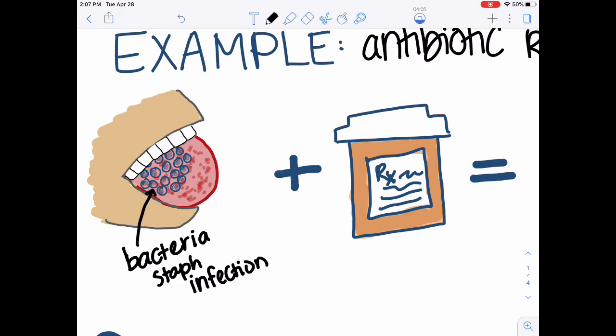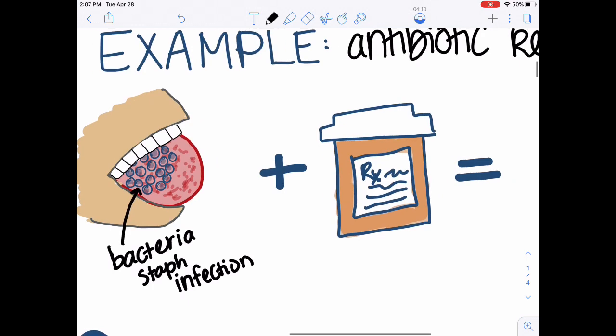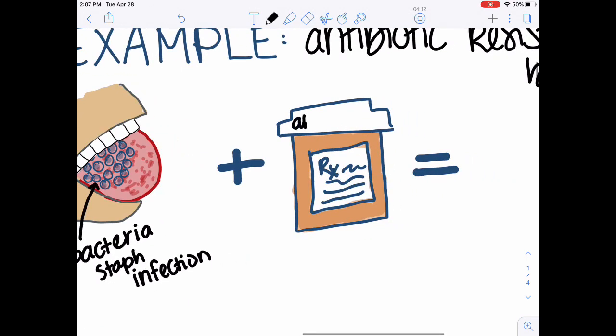So to treat this, you go to the doctor, you get a prescription. Your prescription is an antibiotic. Its job is to kill that bacteria. And it does that really, really well.